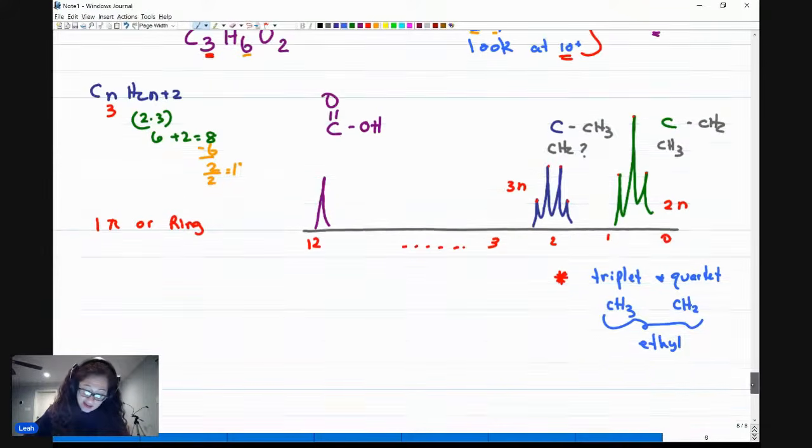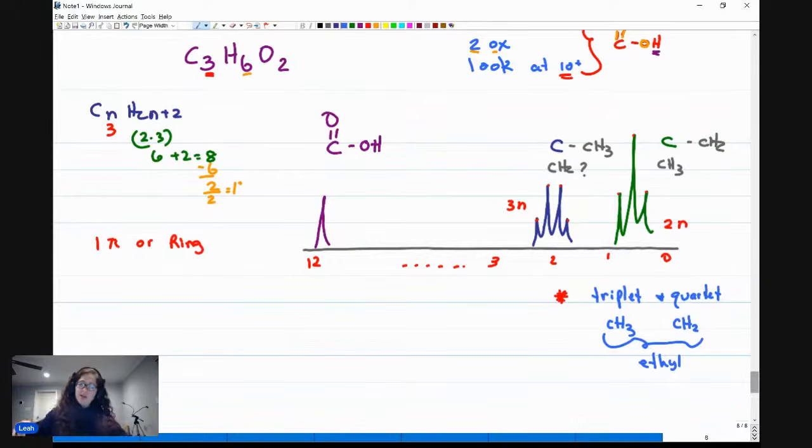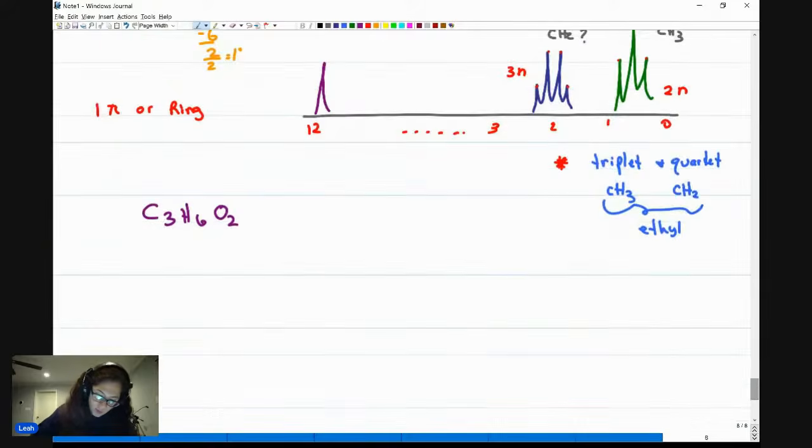And that is it. So with a bigger molecule, I like to do a more step-by-step mathematical accounting. We don't need it here because it's obvious, but I want to do it just to show you so that when you do the more complicated example, you'll know what to do. So we'll take our C3H6O2, and we'll start with the first group.